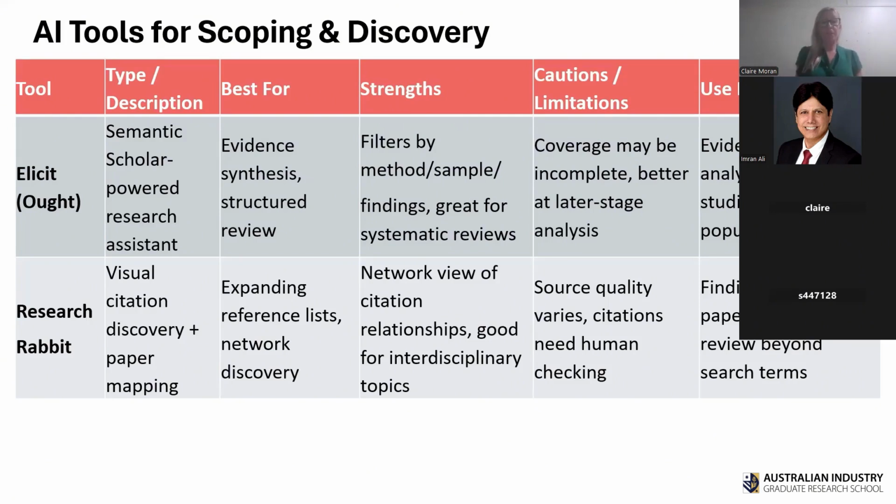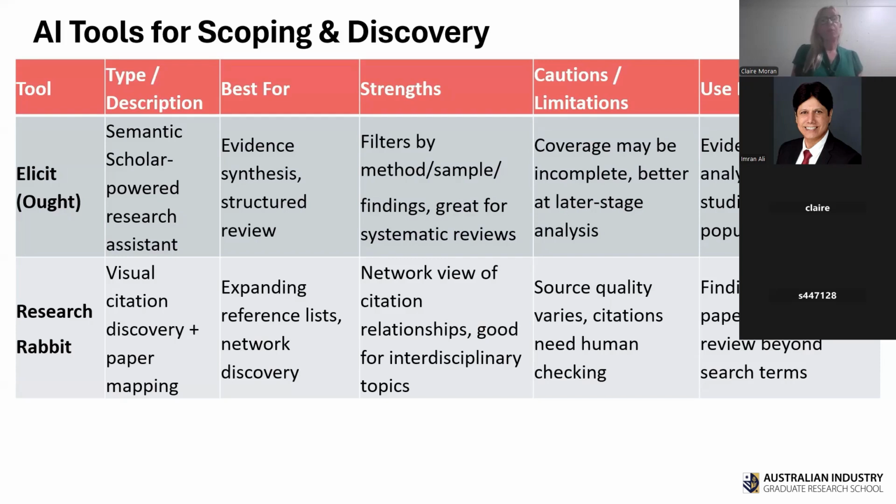Let's say we're doing a study on digital storytelling with marginalized youth. We could ask Elicit, for example, what methods have been used in studies on digital storytelling with marginalized youth since 2020. Again, we have a clear focus.